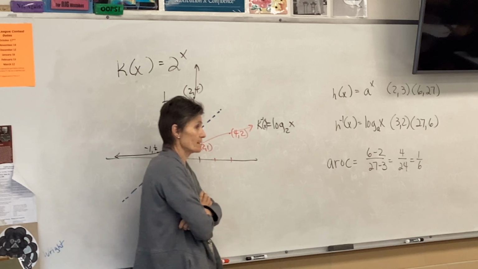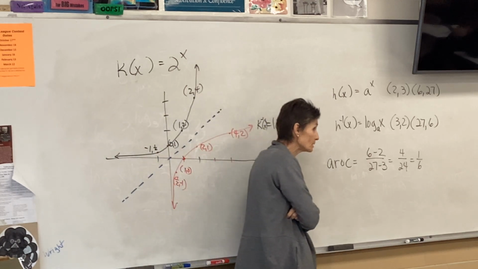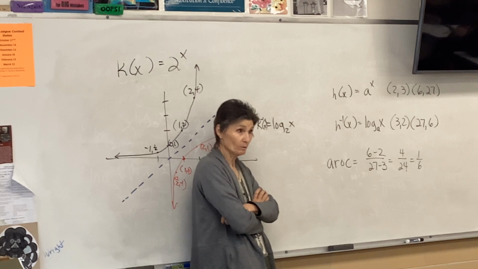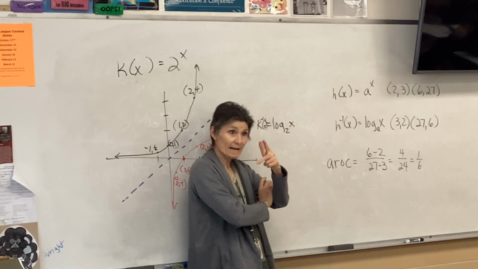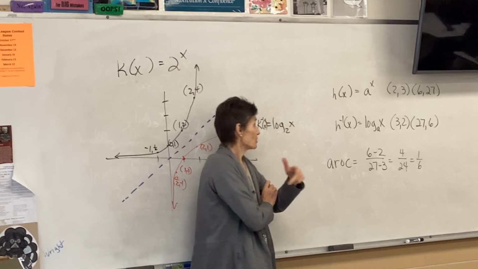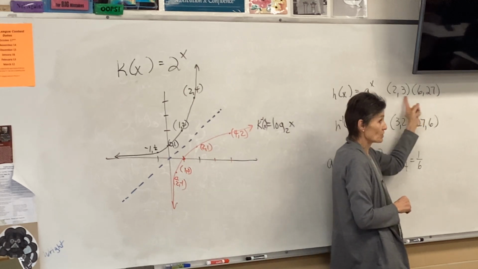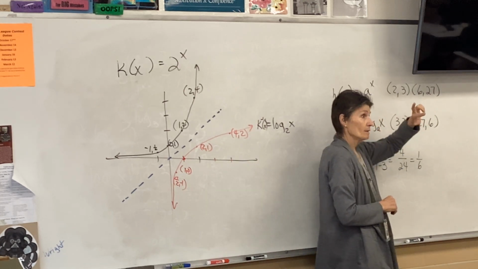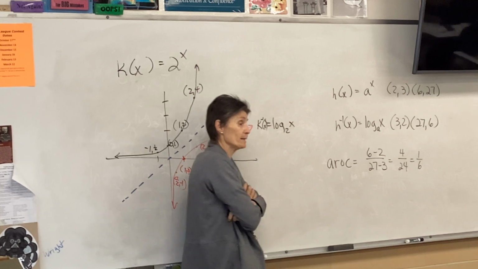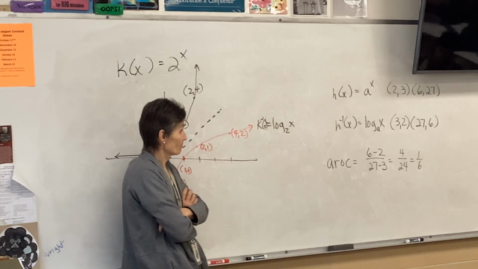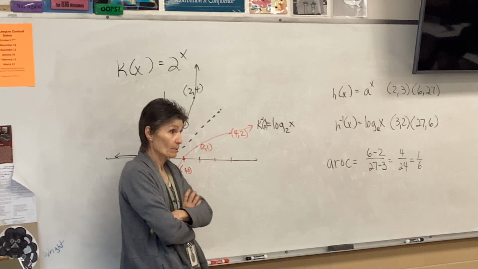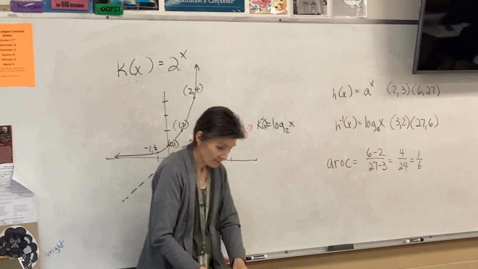In other words, it's the reciprocal of the rate of change of the original, because your y's and x's got flipped. So you could have found the average rate of change of the original points, and then flipped it over, because the y's and the x's. Is that okay? Easy peasy.